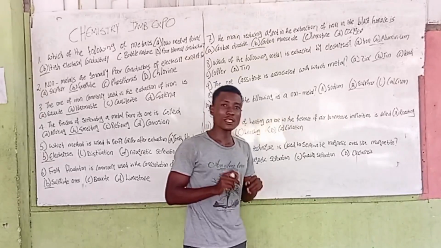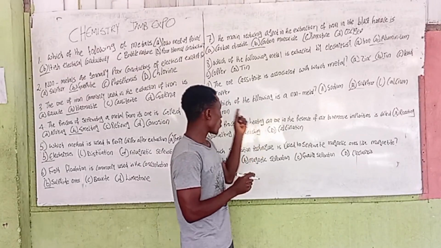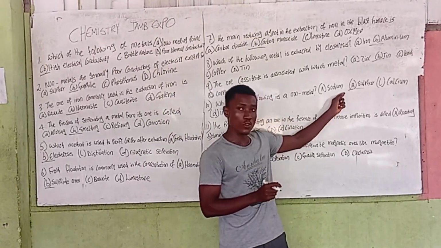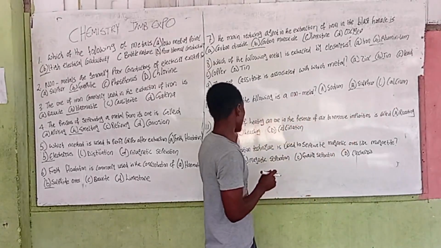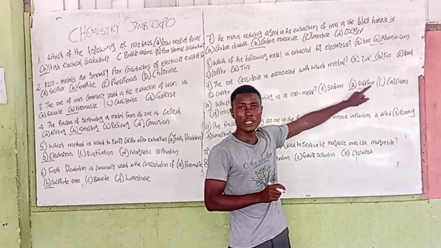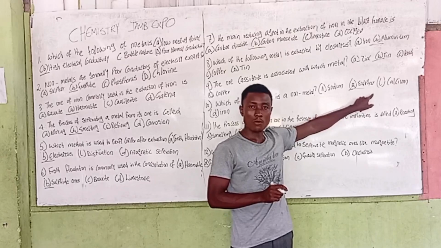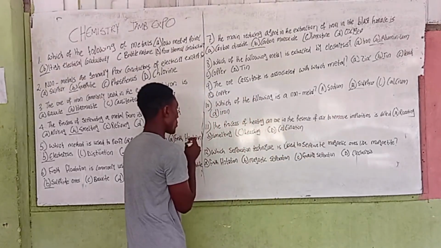Sulfur is electronegative, and electronegative elements are not metals. Being electronegative, sulfur cannot be a metal.